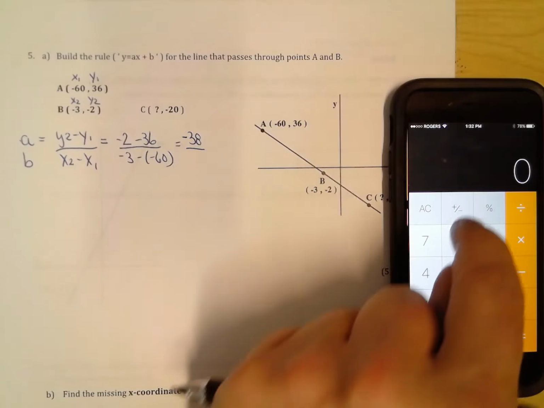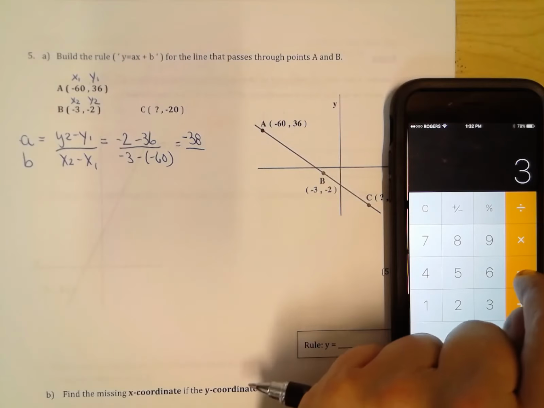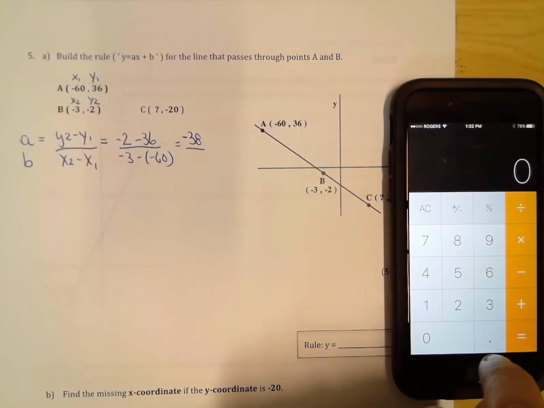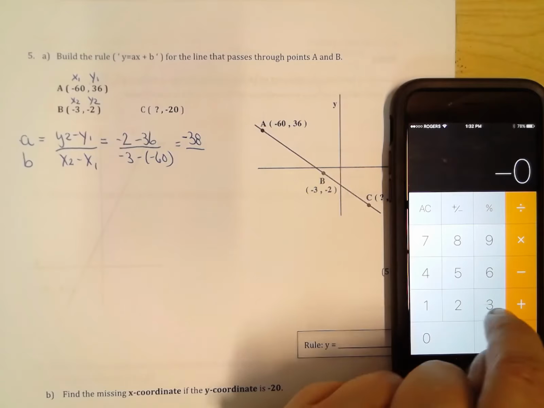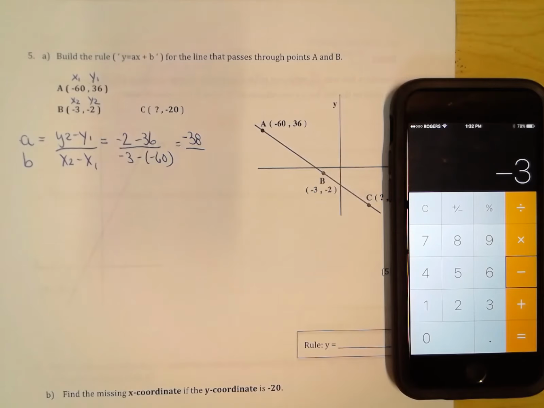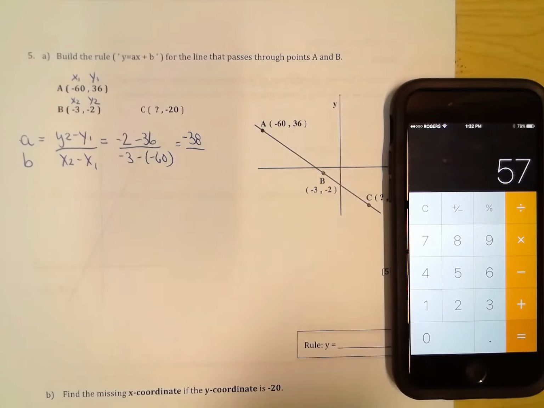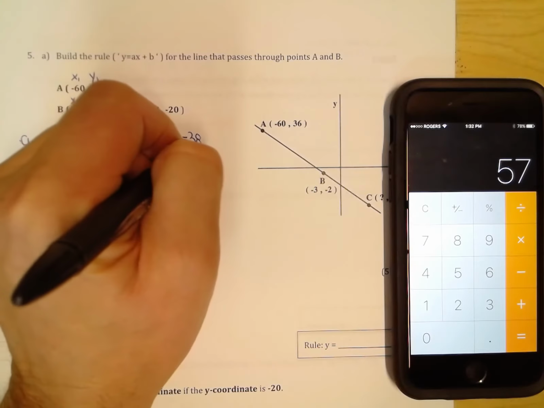And negative 3 minus, oops, I missed the negative there, sorry. Negative 3 minus negative 60 is equal to positive 57.